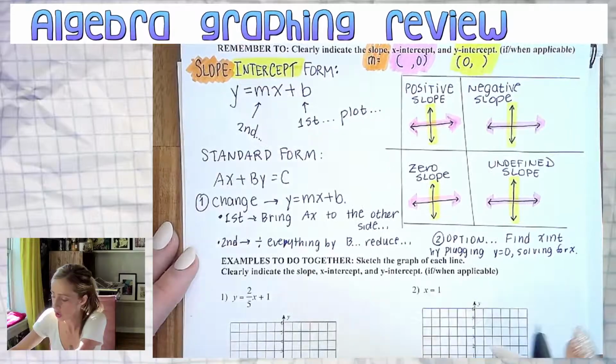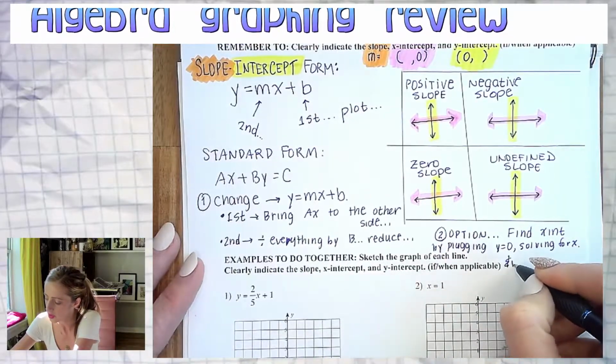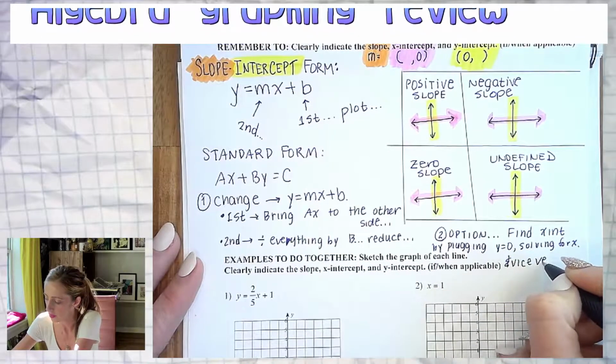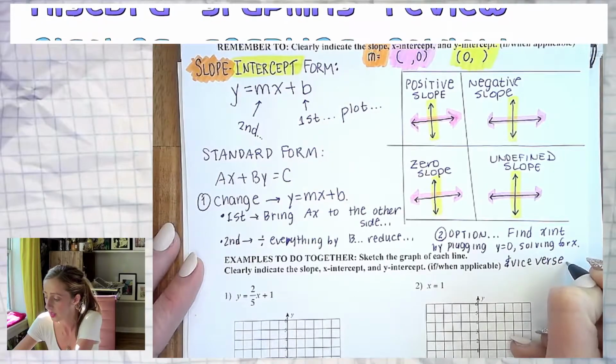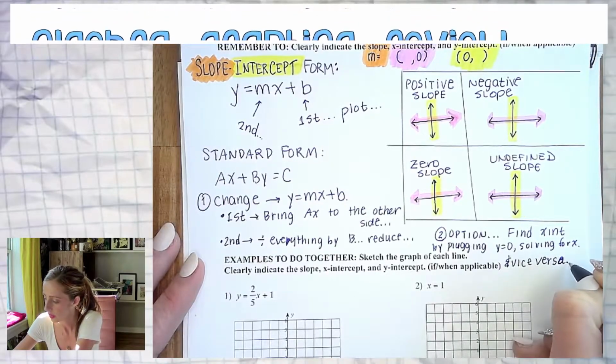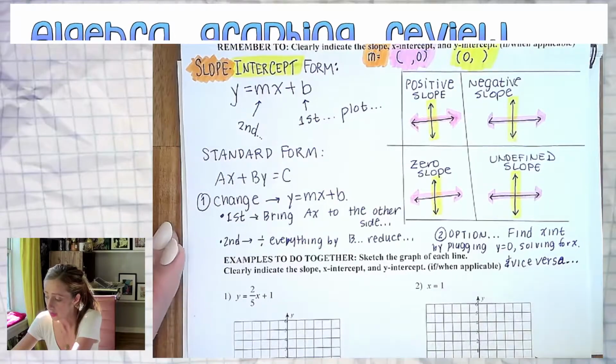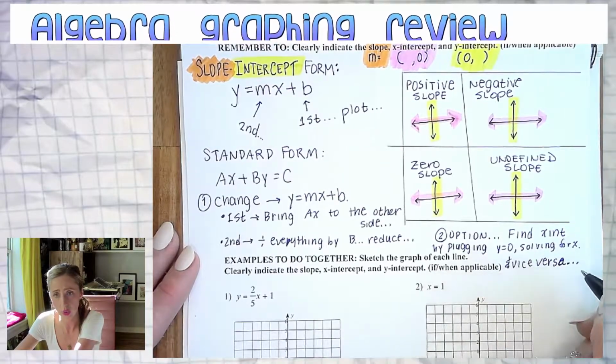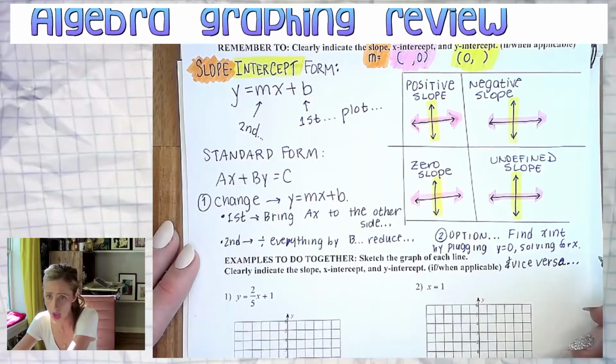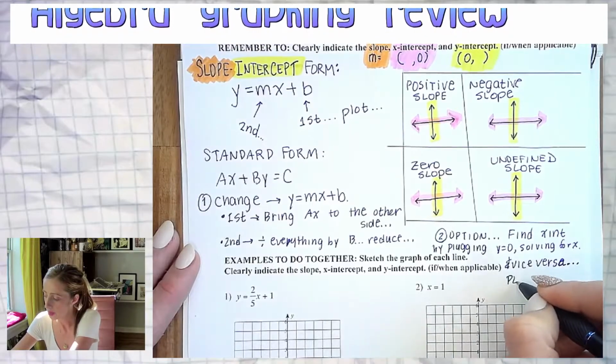It's a little squished, and I'm just going to write short. Vice versa, you'll find the y-intercept by plugging x equals 0 into your equation and solving for y. Plot two dots.